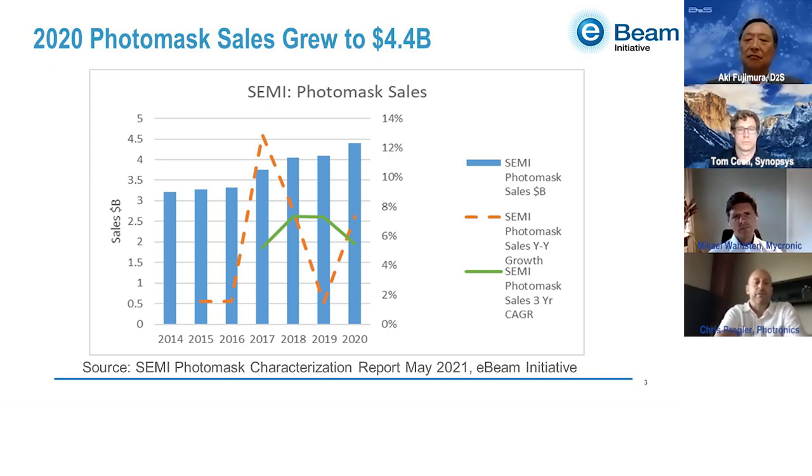And if some of the projections are correct, ICs hit 500 billion in 2021, that'd be about a 25% increase. The percent the industry is willing to spend on photomasks is actually shrinking from that view. So the top line's going up, but we are not getting an increased part of the share. That's one thing I would conclude from this, the relative growth of photomask versus IC.